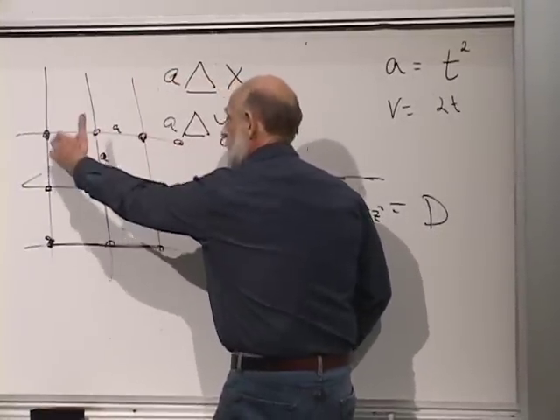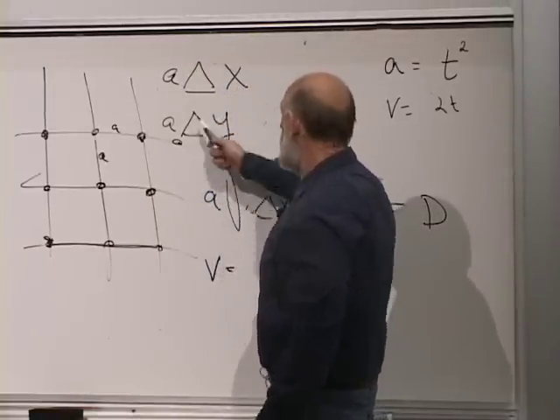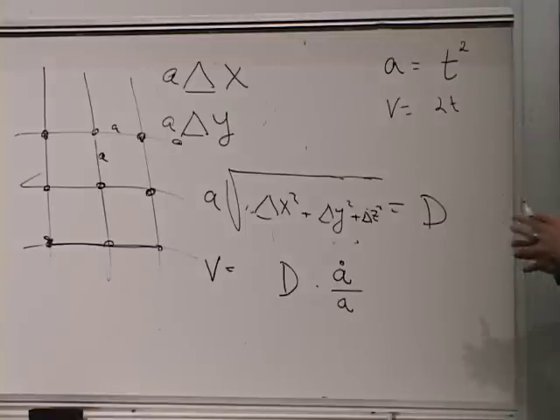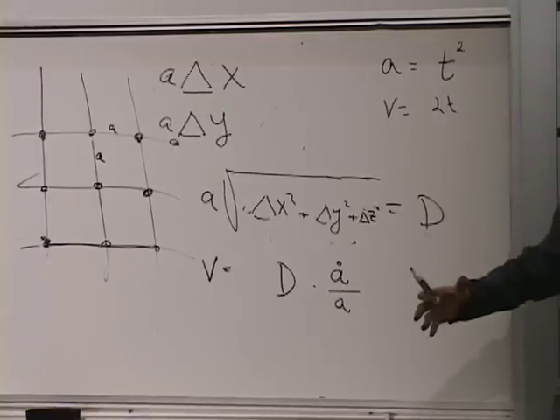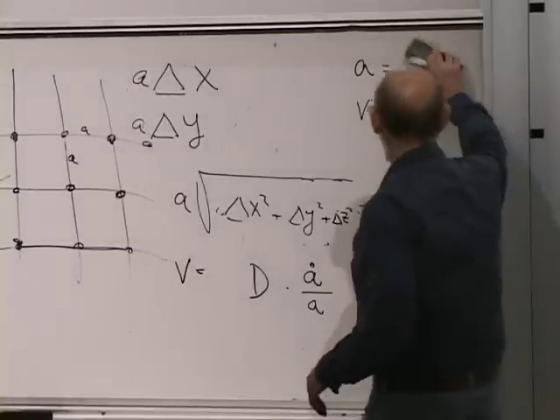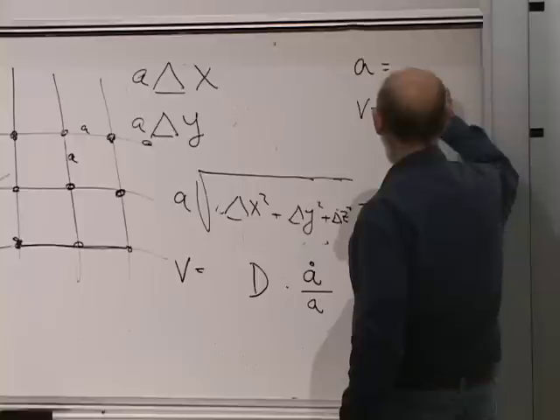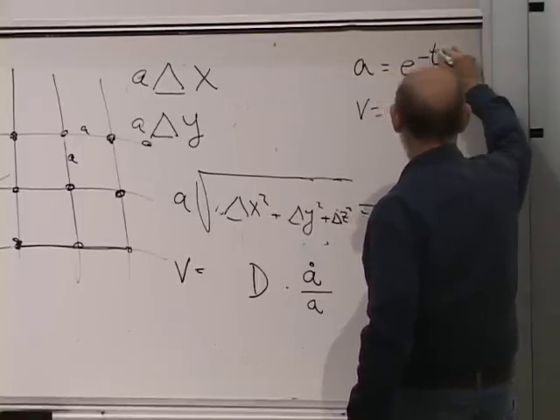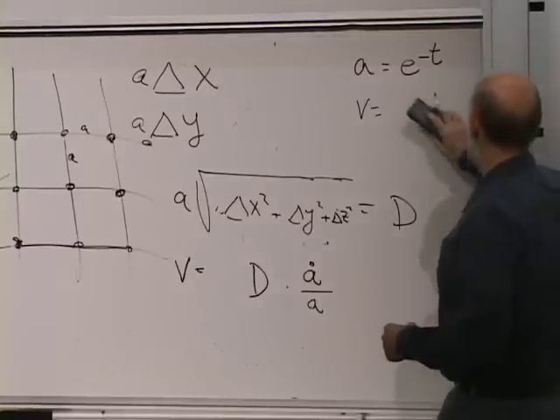In any case, it increases with distance. Depending on the details of how a depends on time, the galaxies may be accelerating away from each other or even decelerating. For example, let's take another law. Well, let's take the law a goes like e to the minus t. Is that a good law? No, that's not a good law.